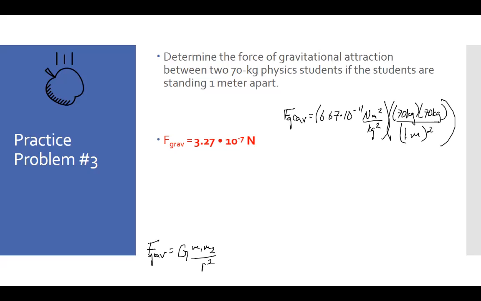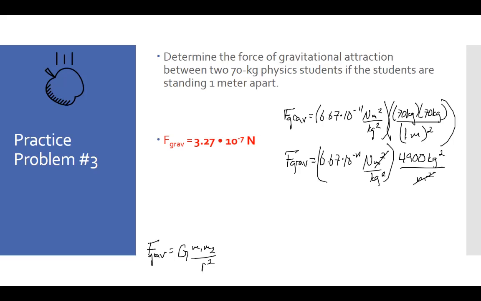So this one is pretty easy. I'll go ahead and write it out because it won't take quite as much space as the previous ones. So F of grav equals 6.67 times 10 to the negative 11th newton meters squared per kilogram squared, times 70 times 70, which is 4,900 kilograms squared, over 1 squared, and that's meters squared.